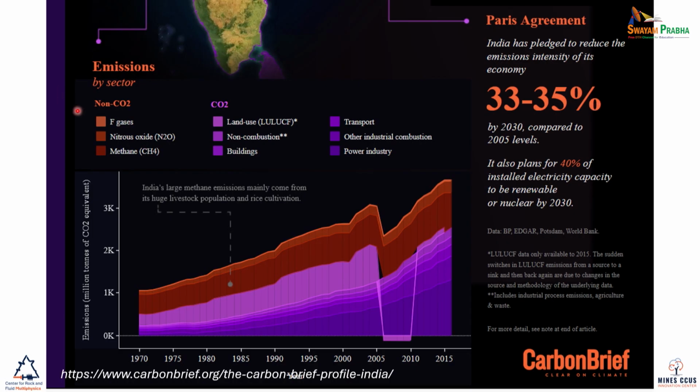These are the emissions for India, and again, this is from 2015, 2016, that's how far this goes. So we have fluorinated gases, NOx, methane, and other, non-combustion, building, transport. So these are the sources of emissions. So when we're looking to capture, we're looking to say, where are we going to capture?